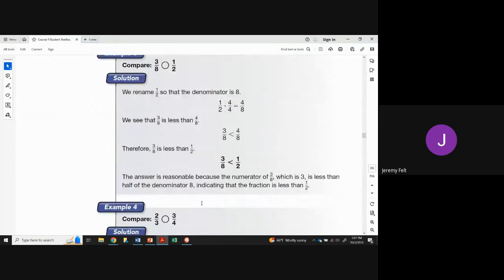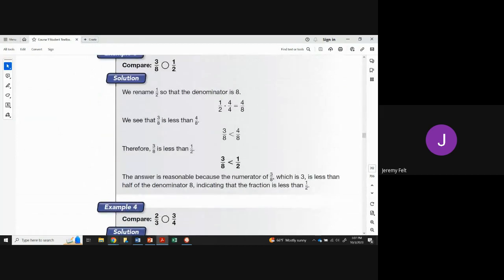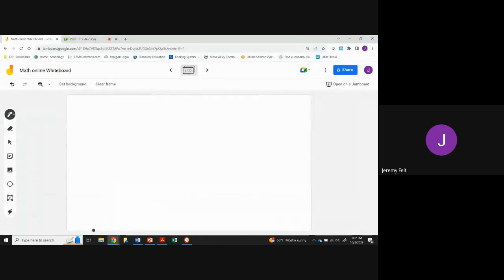This is really helpful for when we're comparing numbers. So if we're looking at 2/3 and 3/4 and we want to compare, meaning is it greater than, less than, or equal to? It looks like they're not equal to each other, but let's get common denominators and then we'll be able to tell.